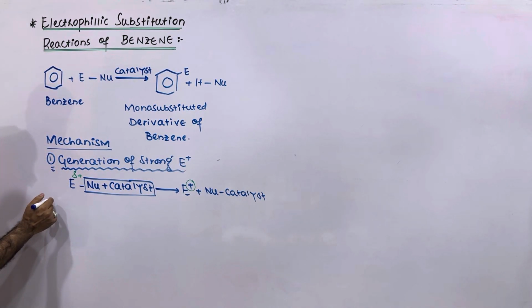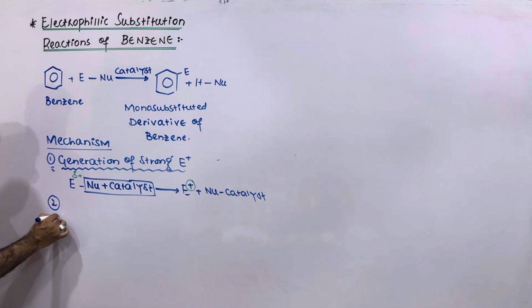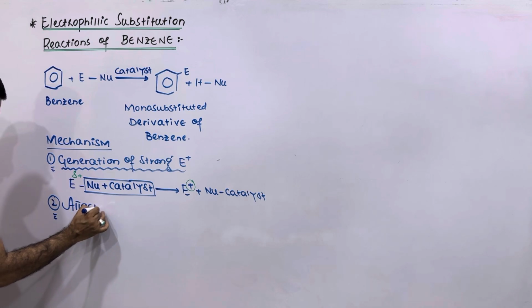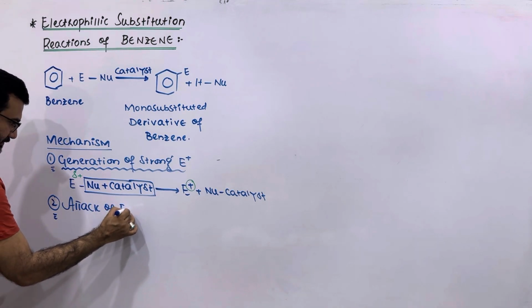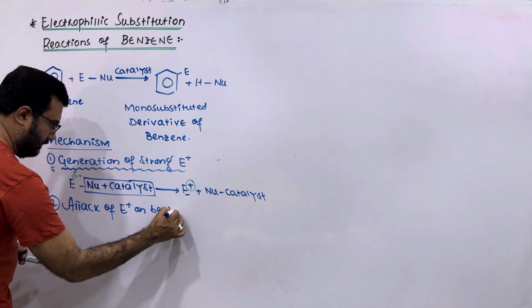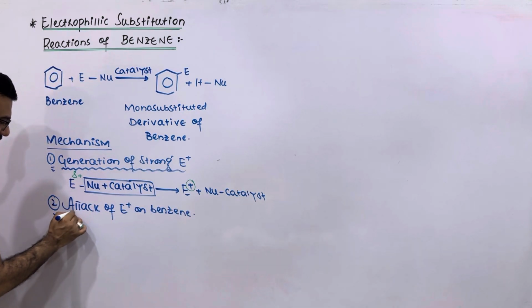Now, my dear students, once the stronger electrophile is generated, the second step should be the attack of stronger electrophile on benzene.